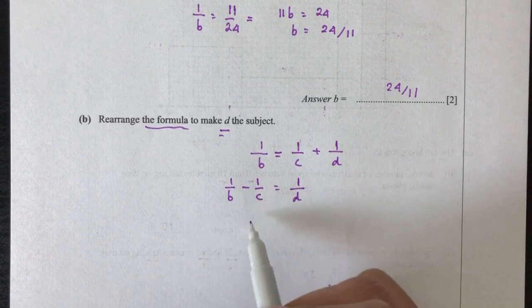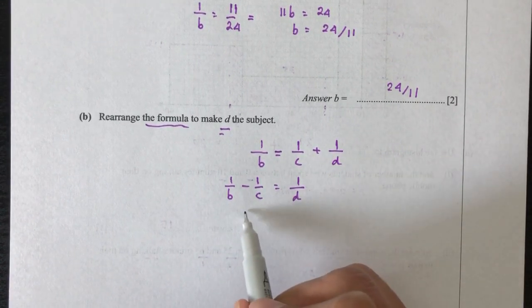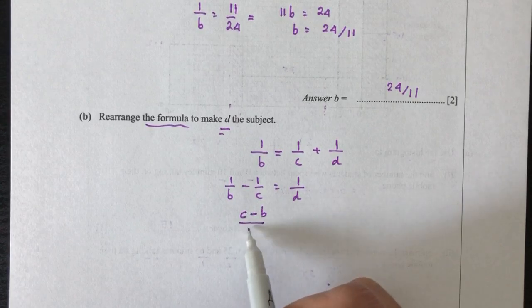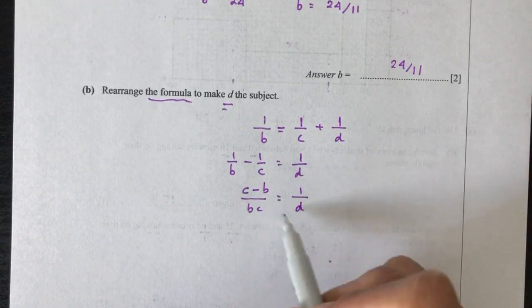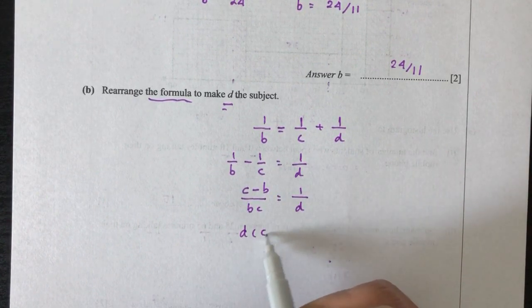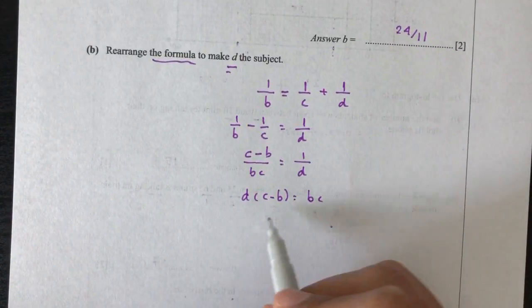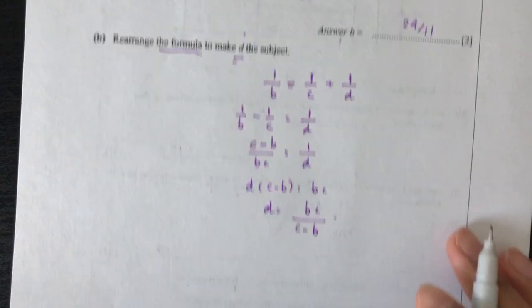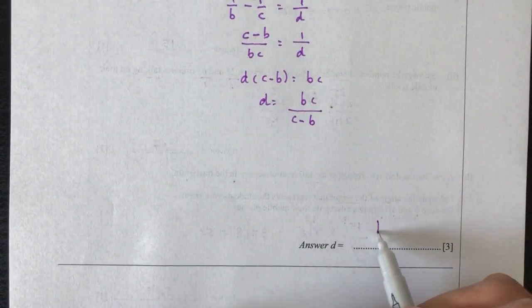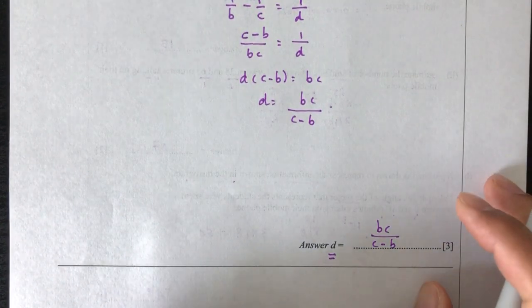Now, if you want to solve this part, we will have c minus b over bc equal to 1 over d. Cross multiply, we have d times c minus b equal to bc. So d equals bc divided by c minus b. So your answer will be d equals bc divided by c minus b.